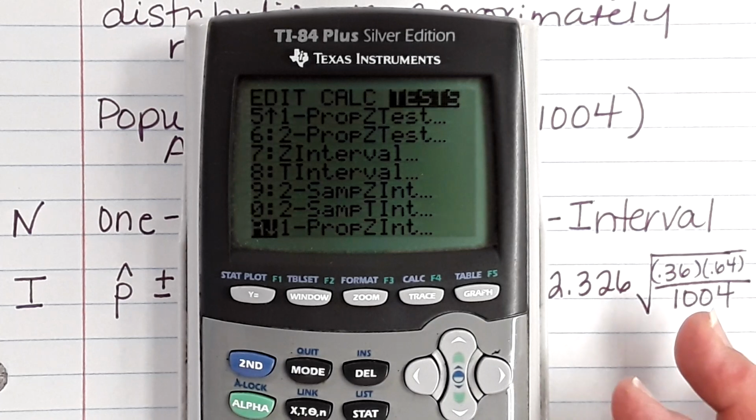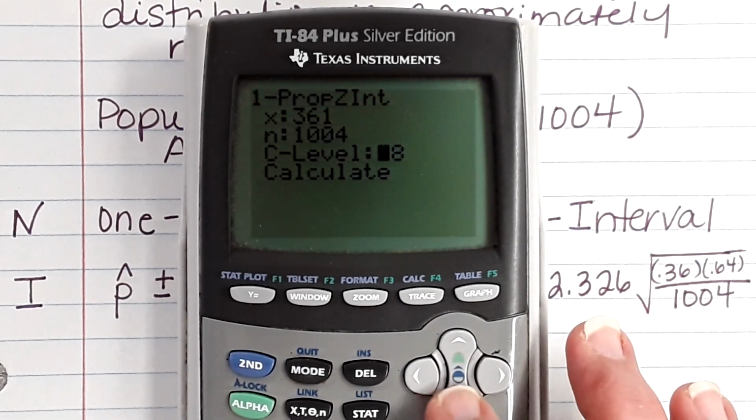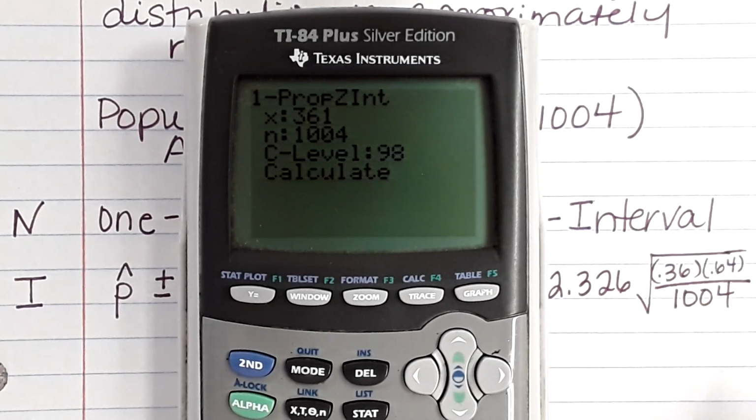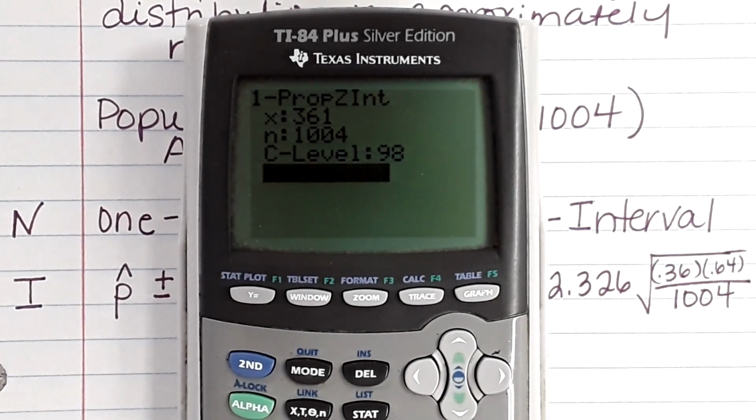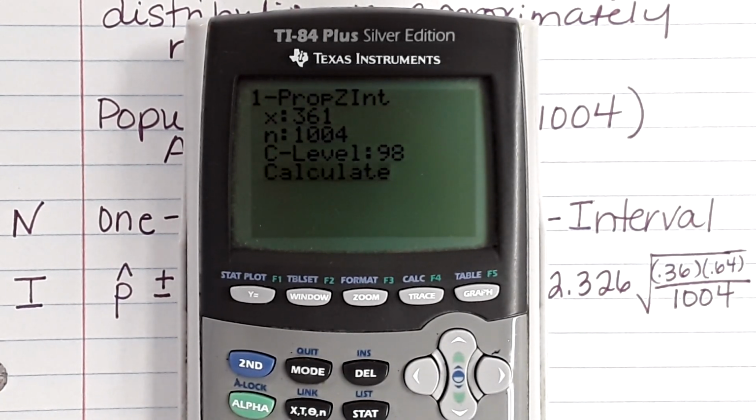So put 361. Should you not round up? Not for this one, because that would make our percent higher, right?